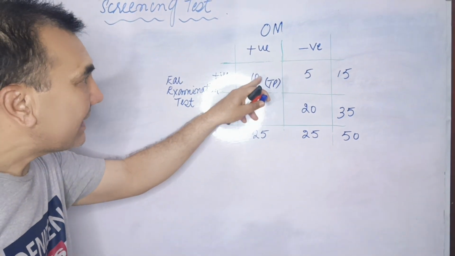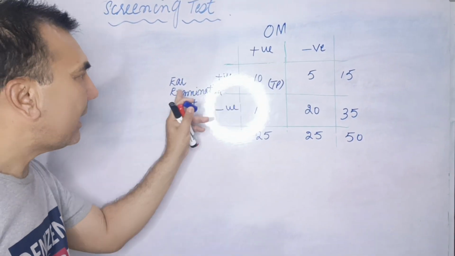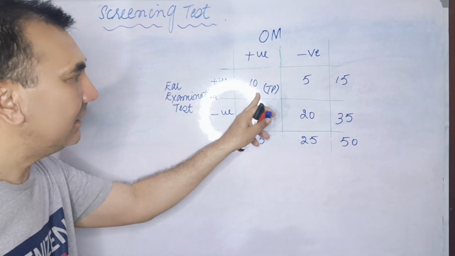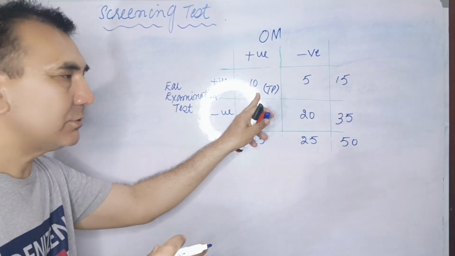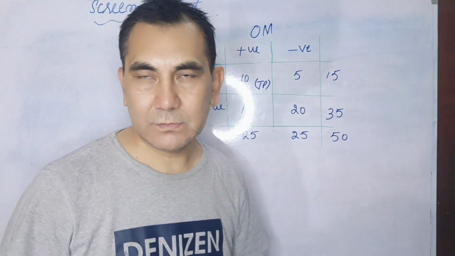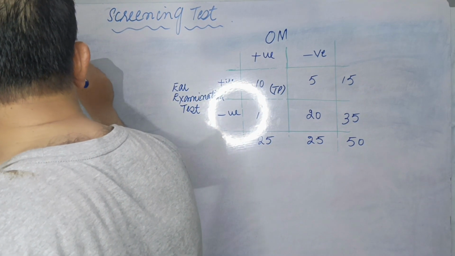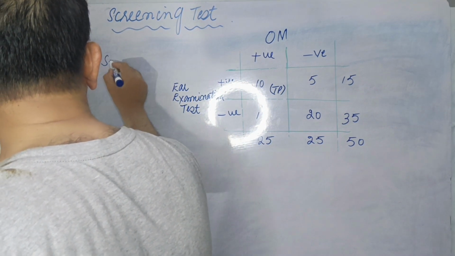The signs and symptoms of the disease are present, and the ear examination is again positive. Another name for the true positive rate is sensitivity.